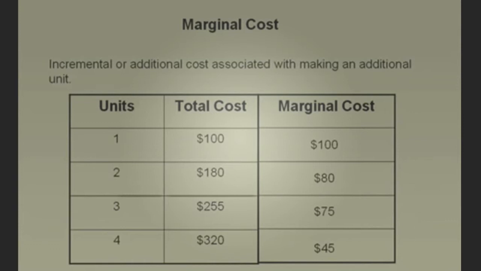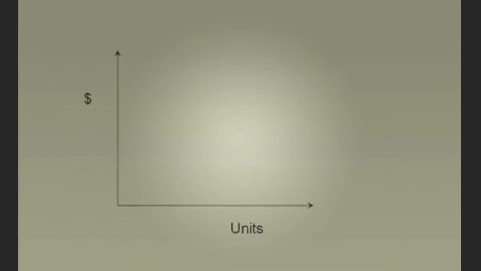Do you know why? This is because of a concept in economics called economies of scale. As you produce more, the cost gets distributed over a larger number of units. So the unit cost declines. So it looks like this. Marginal cost declines initially.